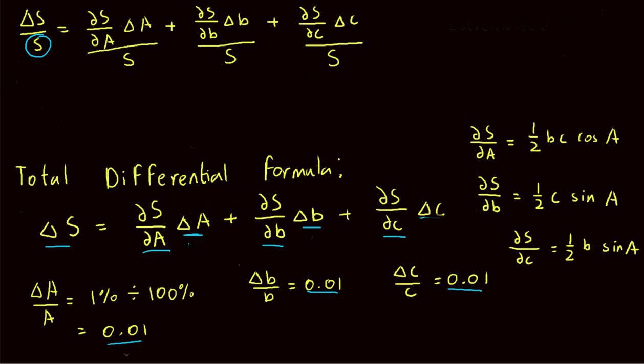If you divide on the left hand side by the letter S, don't forget to also divide on the right hand side by the letter S. And just for reference, if you've forgotten what S was, S is the area of the triangle, which is half BC sine A. So don't forget that. With that being said, let's continue to solve the problem. Let me erase this.